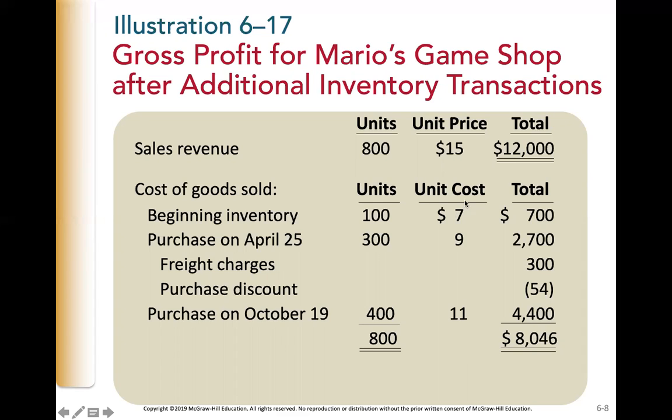When you take all of these into consideration, notice with the purchase discount, you're subtracting the purchase discount. You get a total of $8,046. That is your total cost of goods sold. Your sales revenue of $12,000 less your total cost of goods sold of $8,046 gives you a gross profit of $3,954.